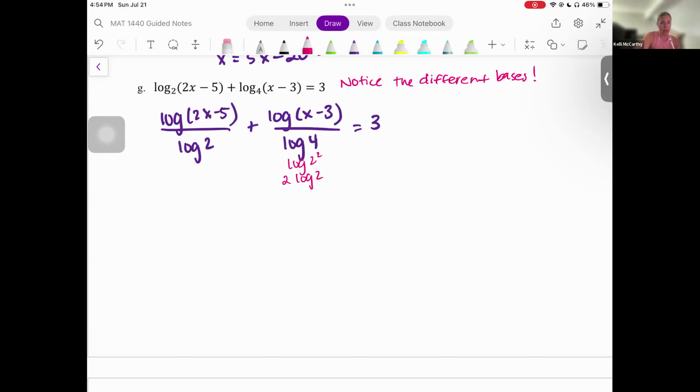So I can see that the denominator of my first fraction is log of 2. The denominator of my second fraction is 2 log of 2. My LCD is 2 log of 2.